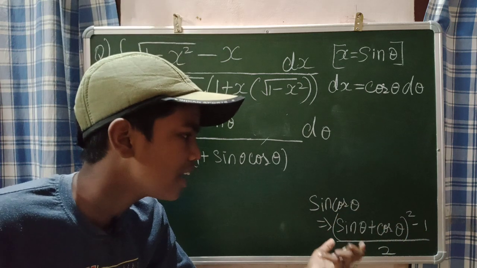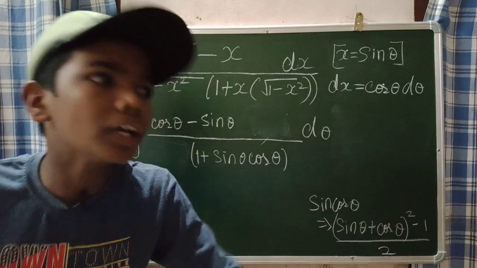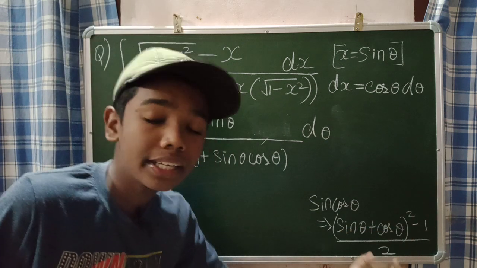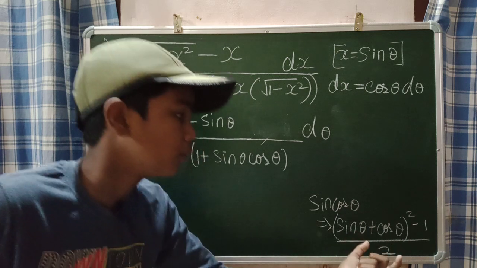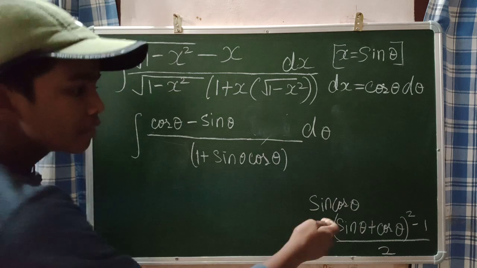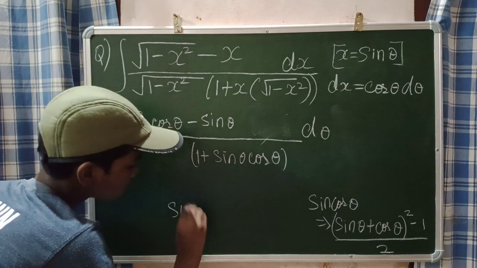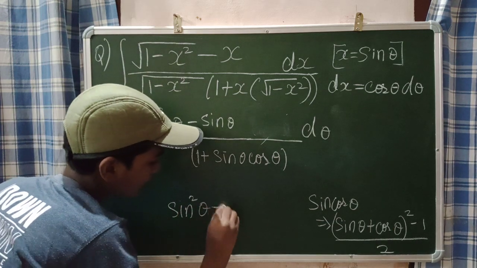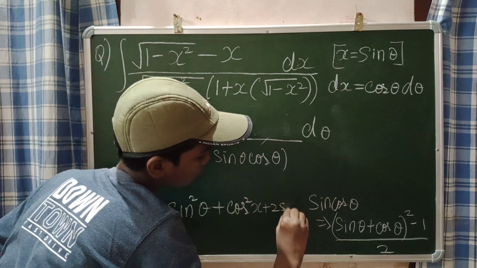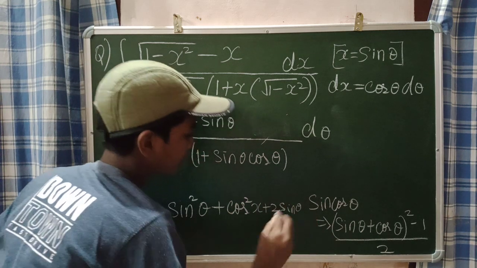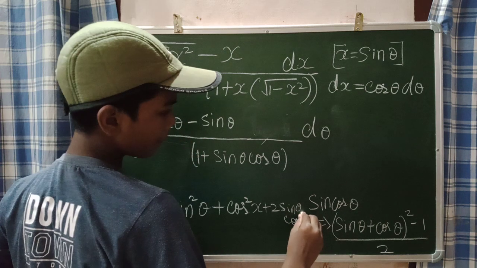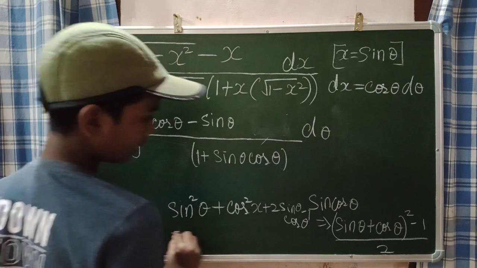Find the value of (sin theta plus cos theta) whole square using your (a plus b) whole square, then subtract 1 from it, then divide by 2, and you will get sin theta cos theta. If you want the proof, I will show it. When you expand this, you get sin square theta plus cos square theta plus 2 sin theta cos theta, then minus 1, then divided by 2.